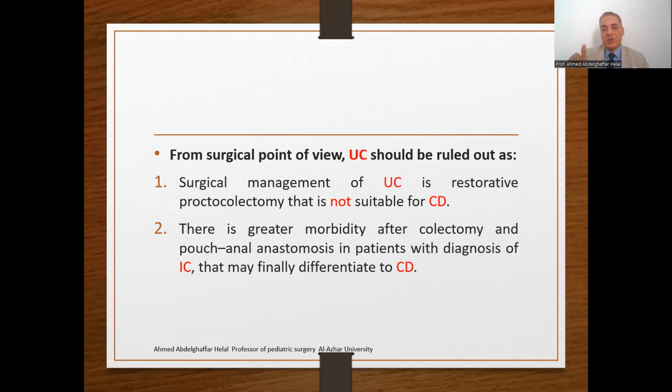Because the surgery for ulcerative colitis is restorative proctocolectomy, which is not suitable for Crohn's: removing the colon and rectum and performing an ileal pouch. If it's performed in Crohn's, there will be a high rate of complications: fistula, abscess, leakage, recurrence. So it's very important for the pediatric surgeon to try to rule out the presence of ulcerative colitis in cases with a diagnosis of indeterminate colitis.